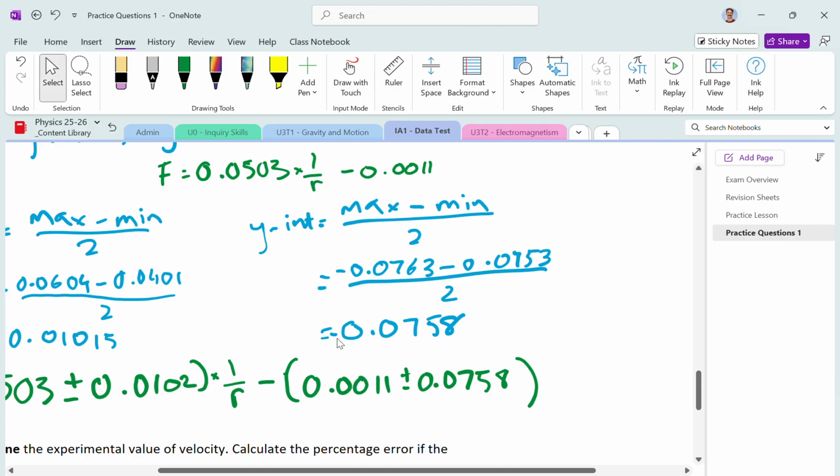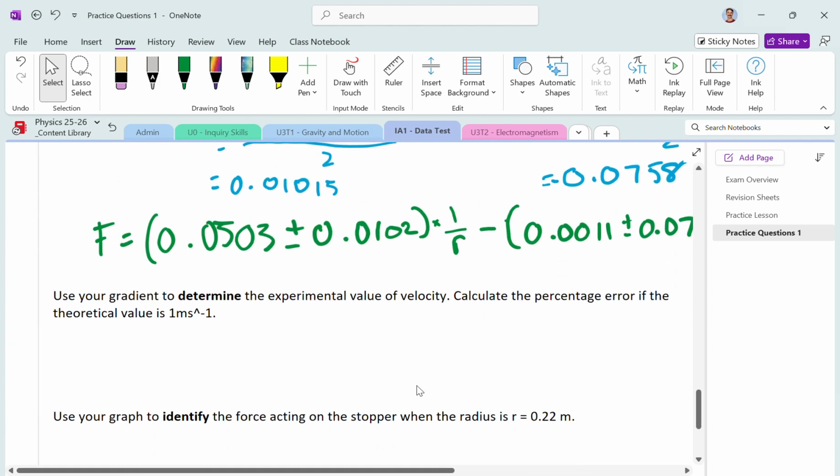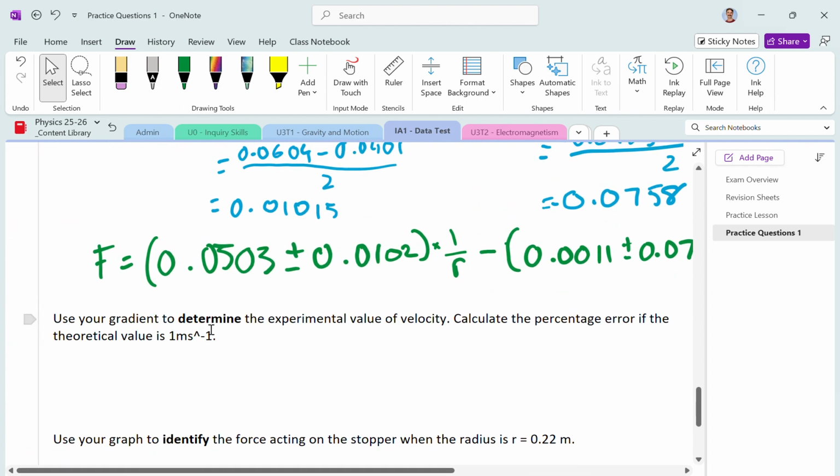Okay, so you'll notice that I've left the minus off here because it just becomes plus or minus, so it's transferred over. All right.